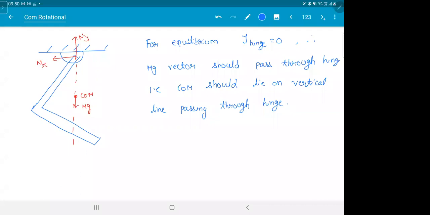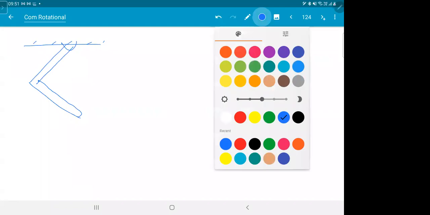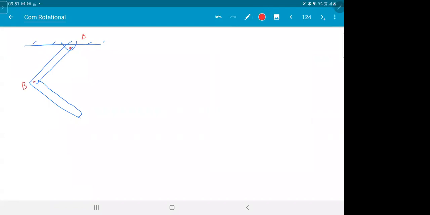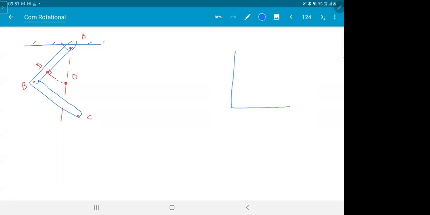Next thing, how to find the center of mass. I'll just redraw the diagram for convenience. Let me name these points, okay? Let this be A, B, C. The center of mass is somewhere here, O. Drop a perpendicular. Let this be D. Now I'll just make this straight so that it is easy to see.